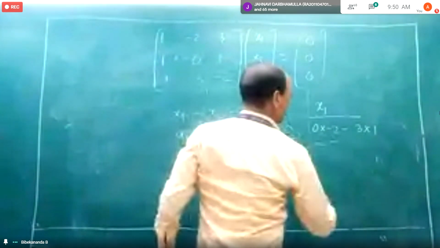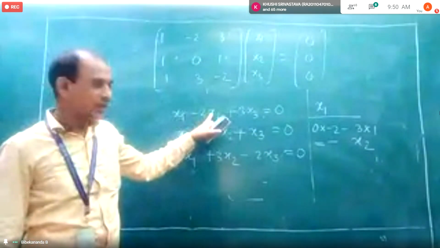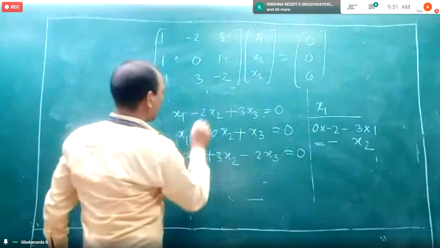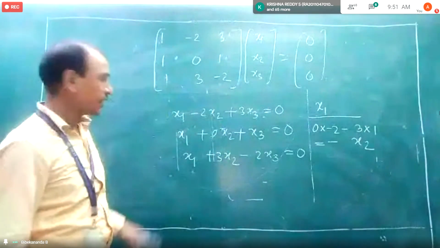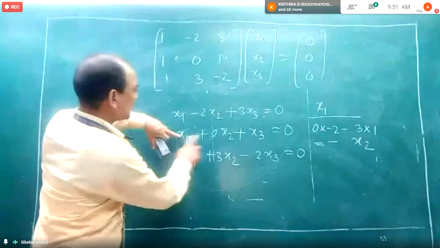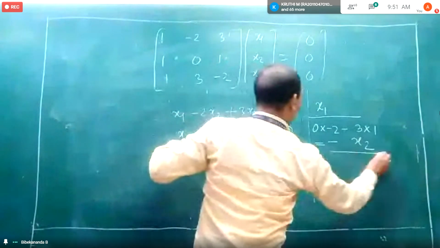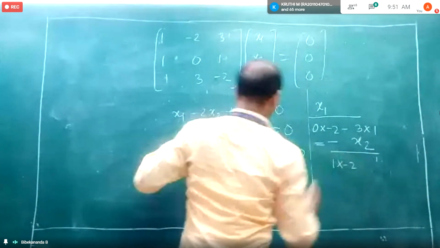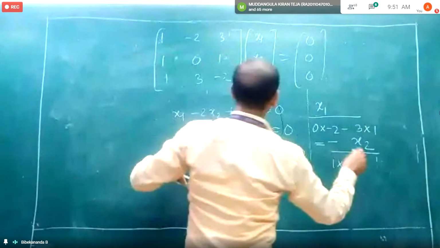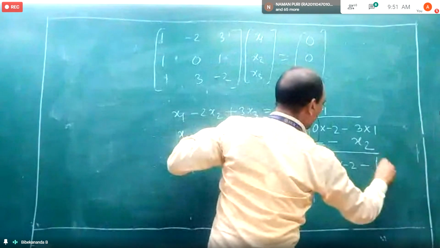So minus x2 is the second unknown. For x2, I will neglect the row and the column associated with it, with the negative sign, and then this into this, this into this. That is nothing but 1 into minus 2 minus 1 into 1.